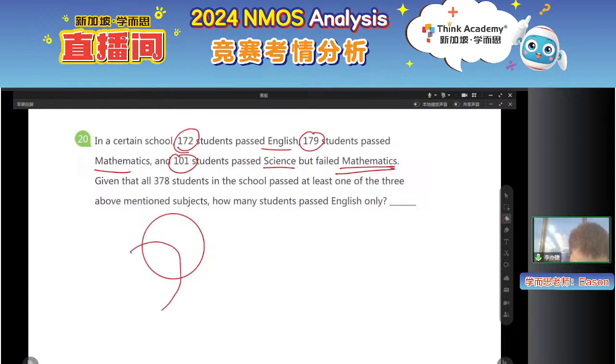Maybe we draw the Venn diagram. Is the question correct? Let me check if anything is missing. I see that it only talks about failing math.